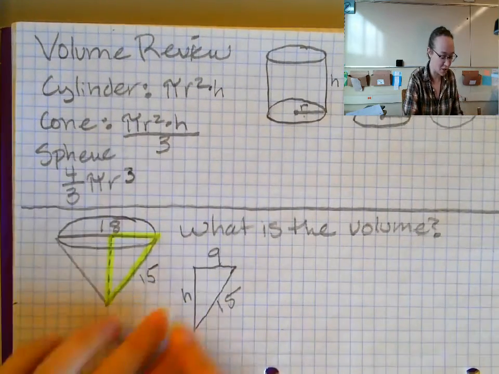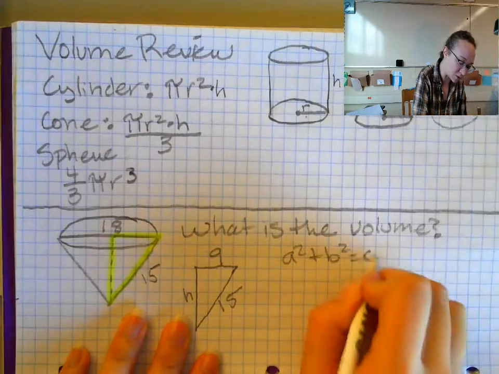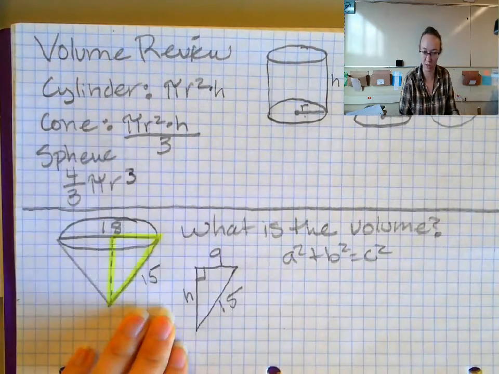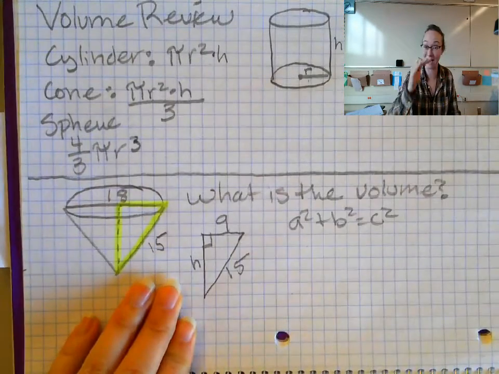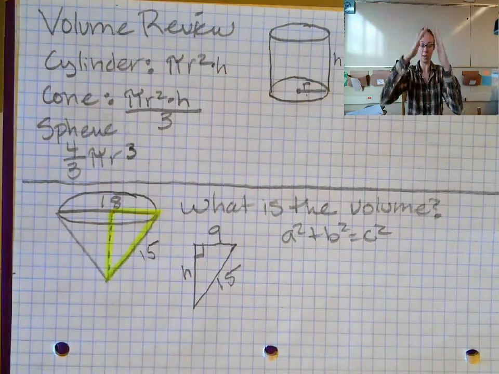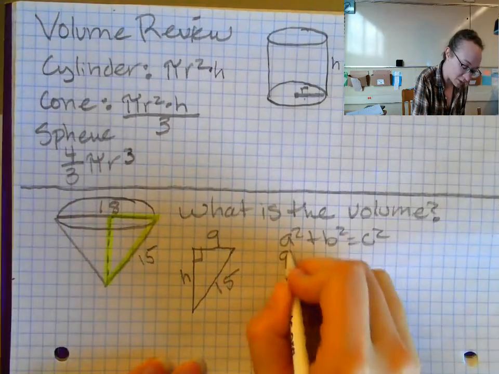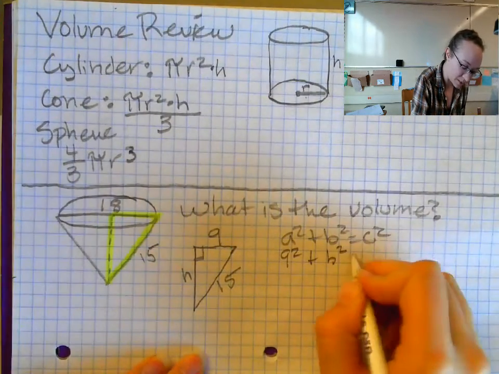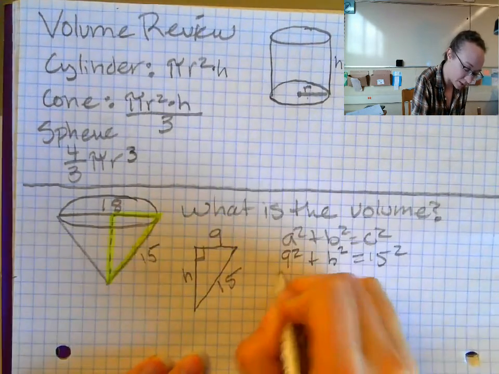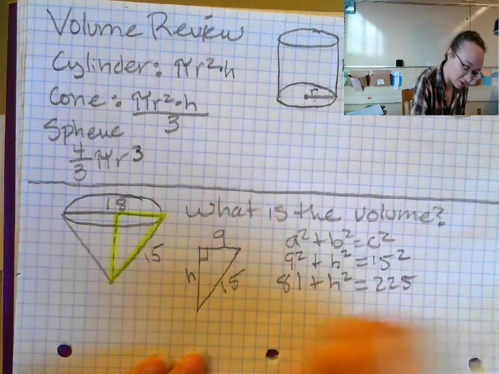So now I can solve for h using a squared plus b squared equals c squared, because I know that is a right triangle. I know that because it's a cone. It's a right cone. It doesn't do like a weird slanty thing. It just goes straight up. And then I'm going to plug in my values. So 9 squared plus h squared equals 15 squared. 81 plus h squared equals 225.